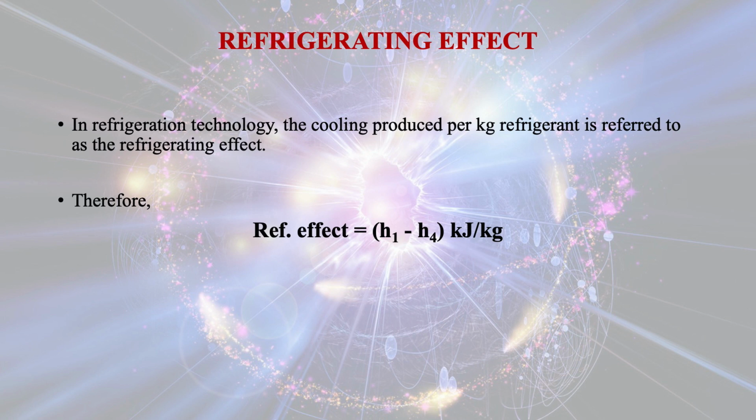That's why heat will flow from the refrigerant to outside the condenser during the process going on inside the condenser. So here the net refrigerating effect is equal to H1 minus H4, unit is kilojoule per kg.